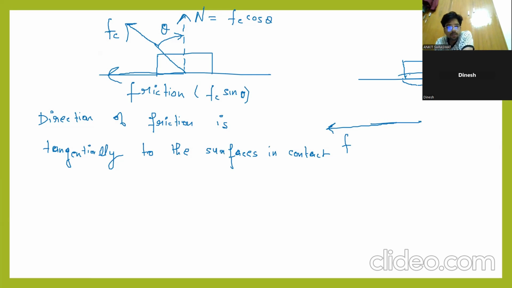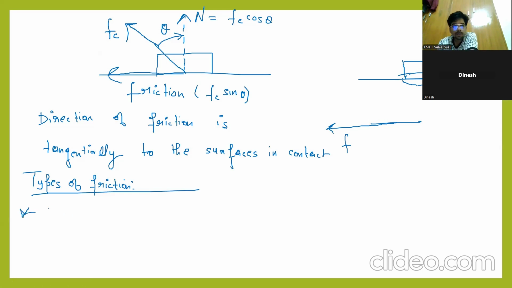Now, moving to the types of friction. Write down the heading: types of friction. First, static friction.